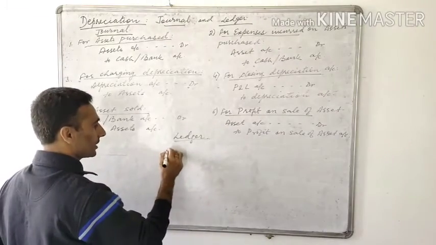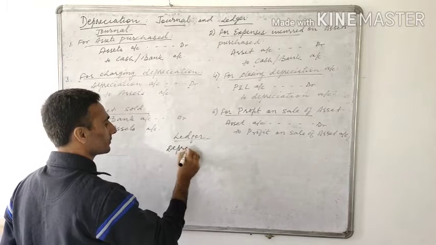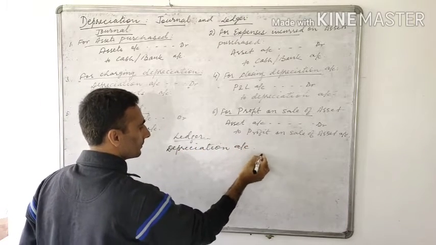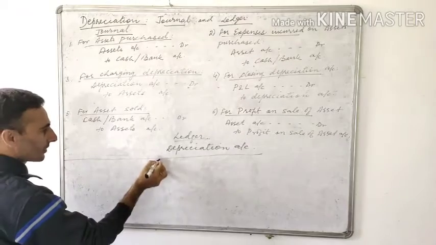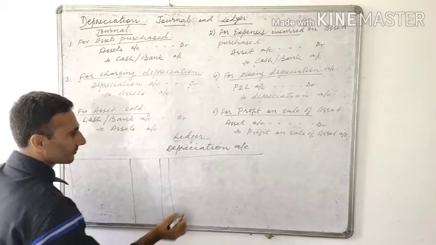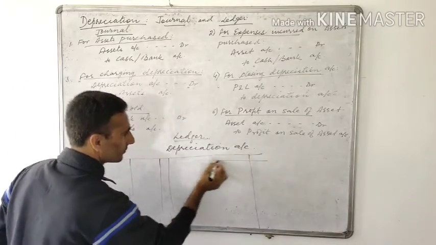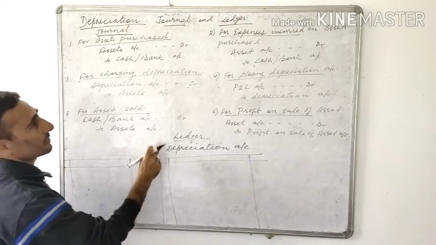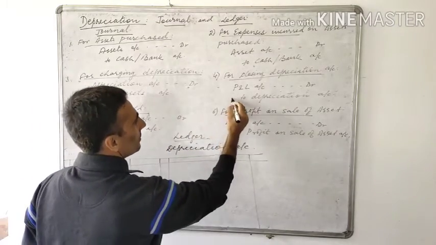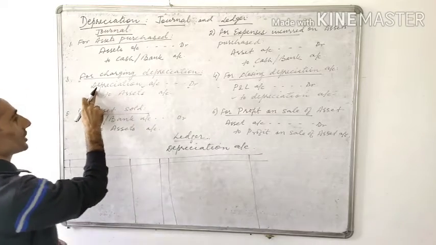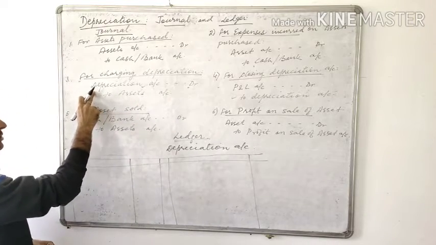Now the depreciation account. Okay. So depreciation account, where are the depreciation? First charging the depreciations. Depreciation account is debit.